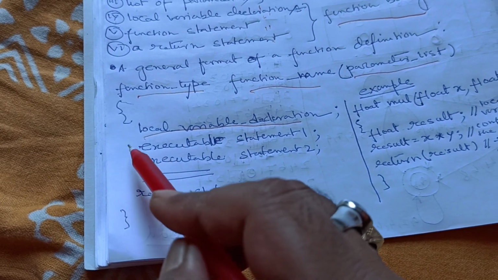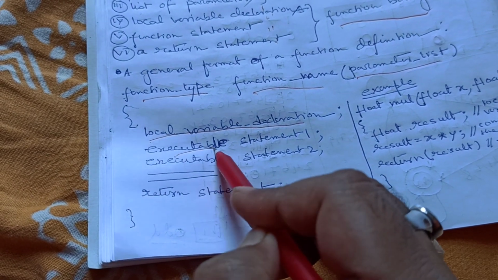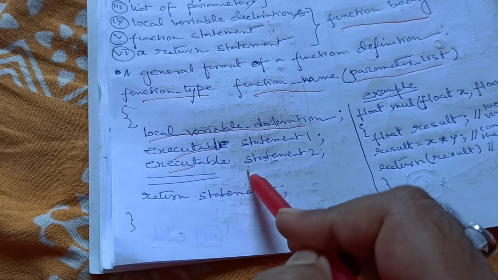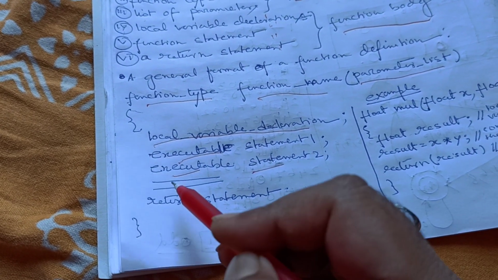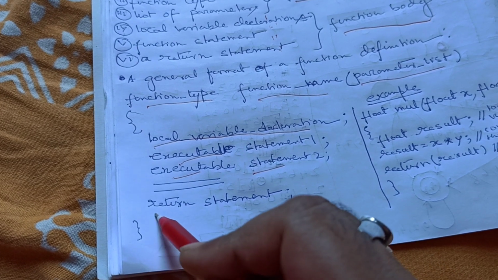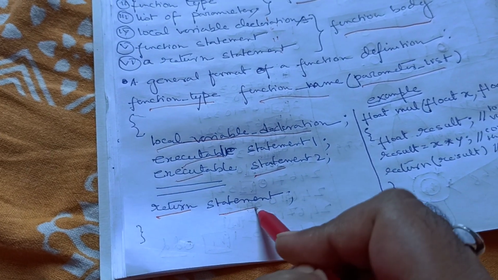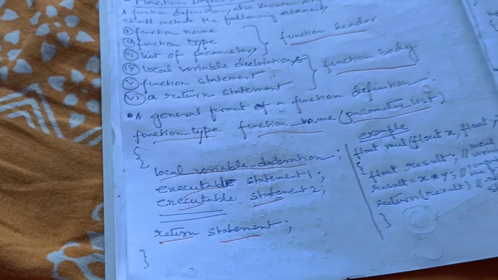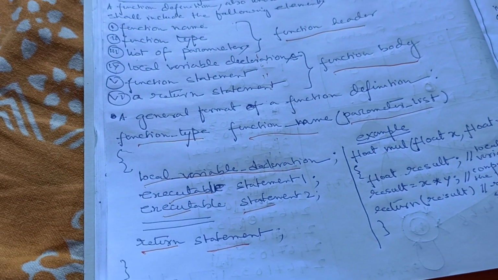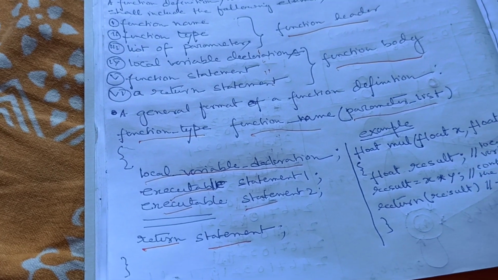And under this, executable statements, you may write one or more executable statements, and last one is return statement, that is, which value the function is returning to the callee function.